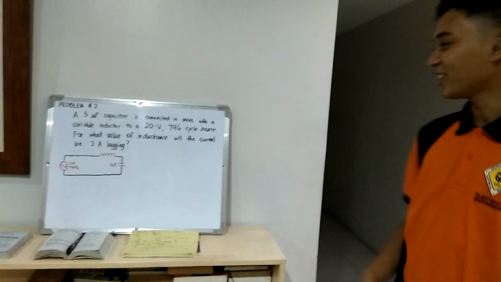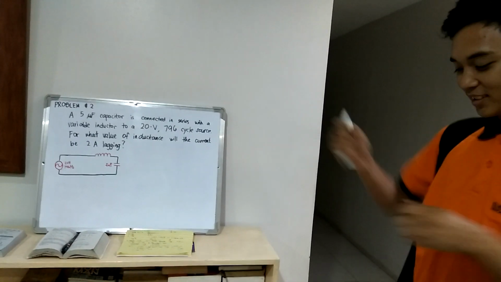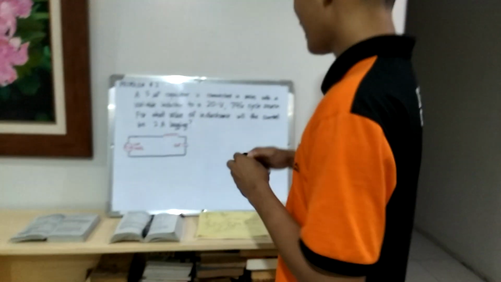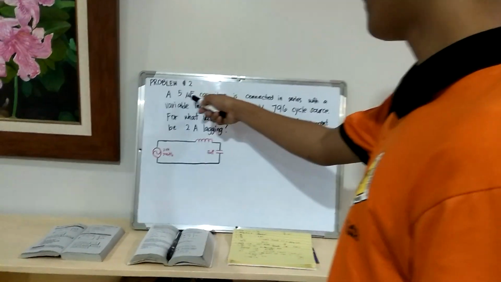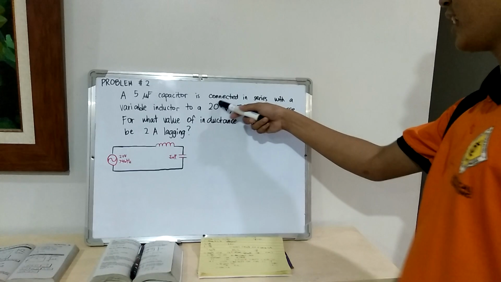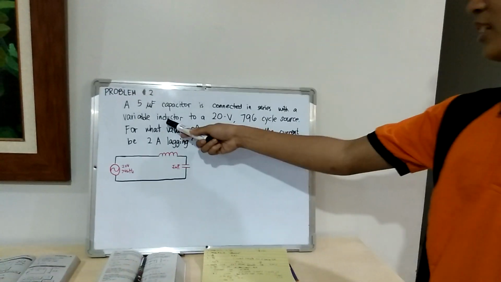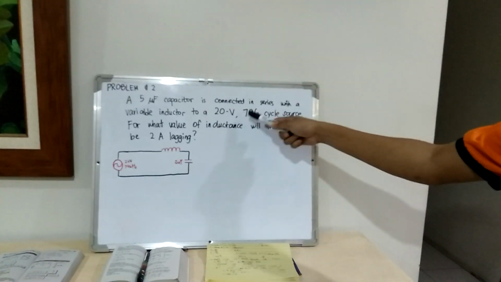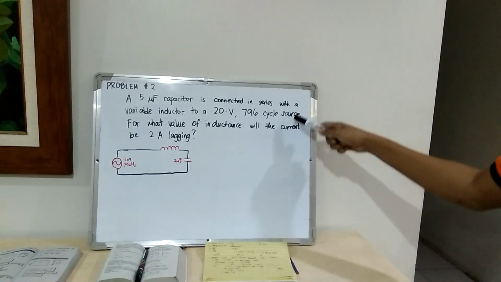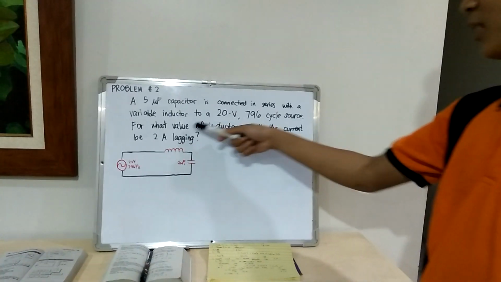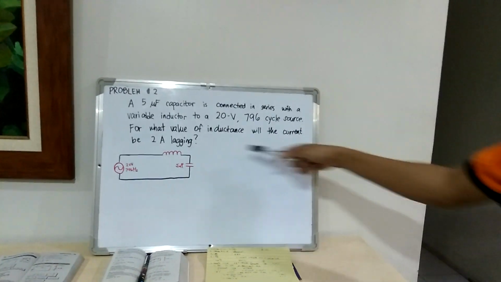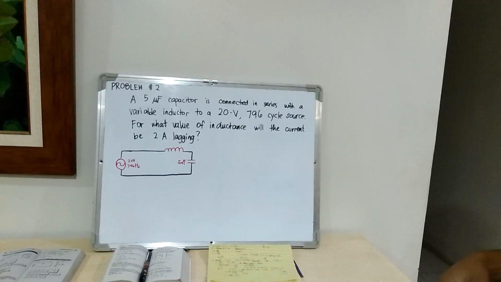So guys, let's start another problem here. A 5 microfarad capacitor is connected in series with a variable inductor to a 20 volt 796 cycle source. For what value of inductance will the current be 2 ampere lagging?